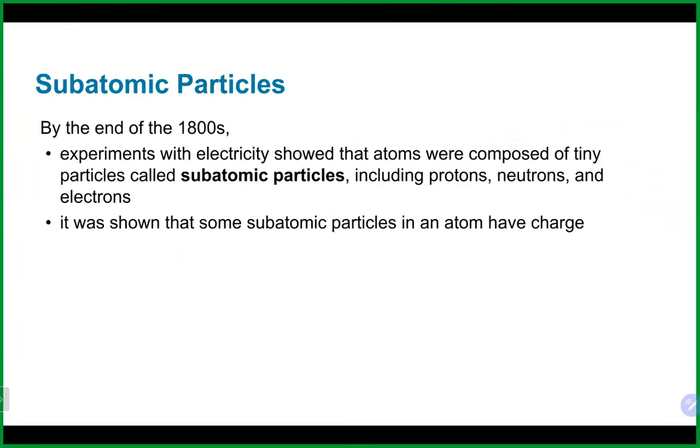By the end of the 1800s, it was known that the atom was really small, but it actually contained an internal structure of even smaller particles, sometimes referred to as subatomic particles. Those are what we've been talking about: our protons, neutrons, and electrons, being positive, no charge, and negatively charged.